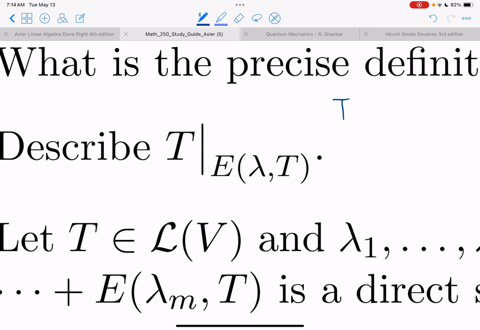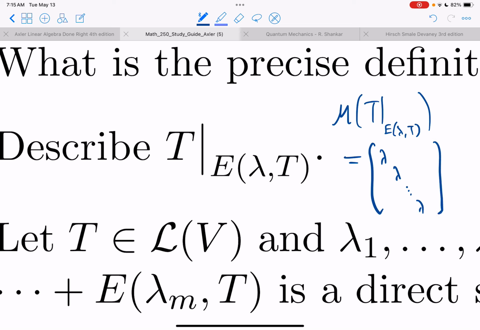Every basis element will be an eigenvector, and so the matrix of T restricted to E(lambda, T) would be a diagonal matrix with lambda on the diagonal, however many times to make up the dimension of this subspace. If this has dimension 4, then there'd be 4 lambdas, and it'd be a 4 by 4 matrix. T restricted here just scales everything by lambda. So you could say it's equal to lambda times the identity, because this thing just scales every vector by lambda.